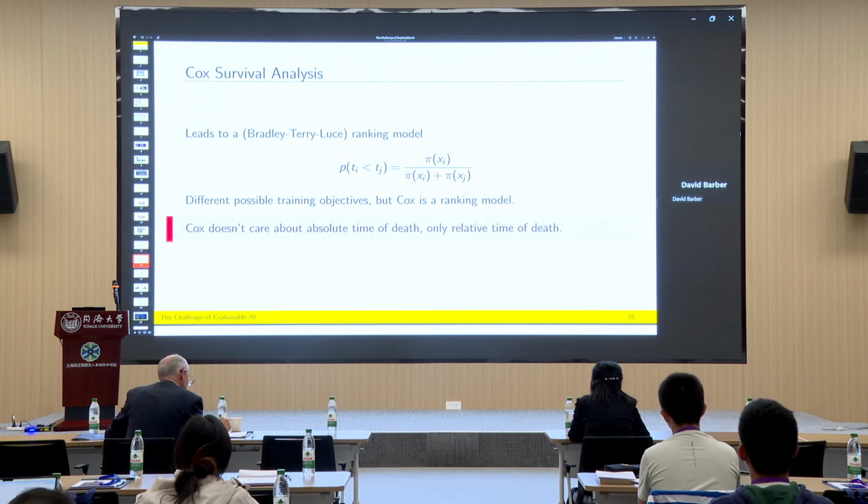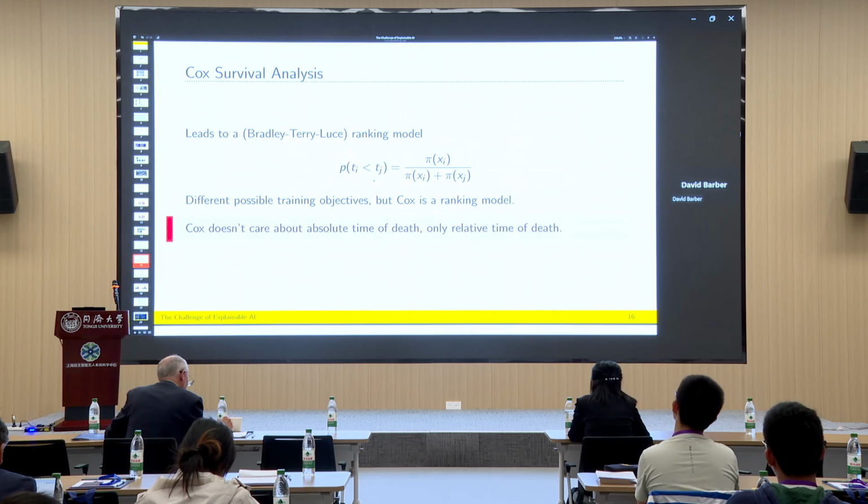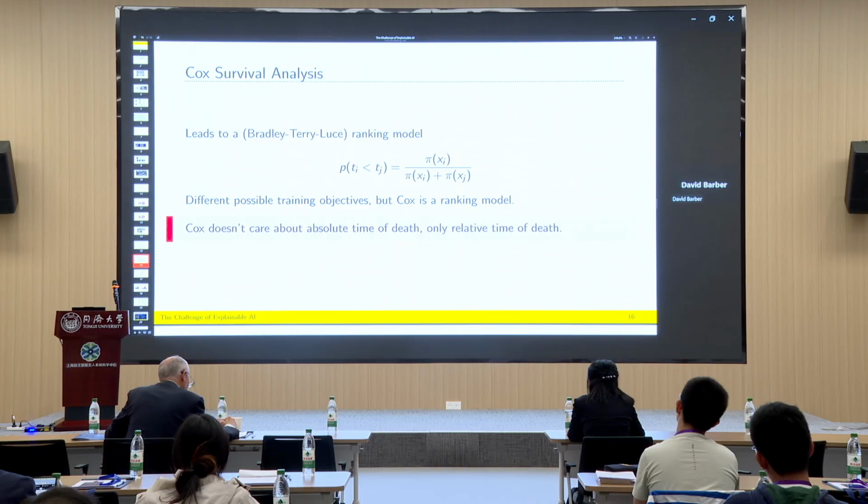It takes as input the image, a CT scan of patient i, and some clinical data as well, perhaps the age, what antifibrotic drugs they're on, and it calculates this probability using this formula. Then it trains, knowing from the training data that patient i did actually die before patient j. We can adjust the parameters so that it matches well the ranking in the training data.